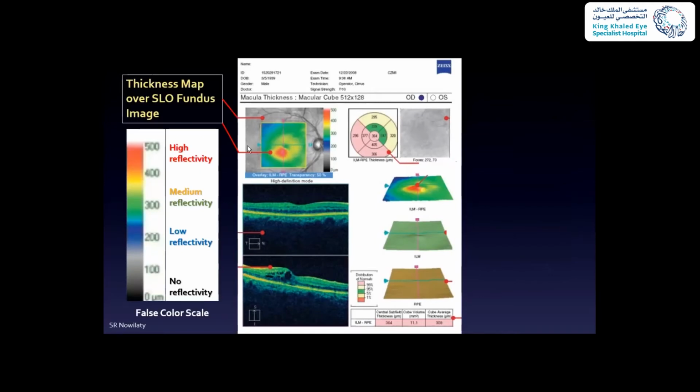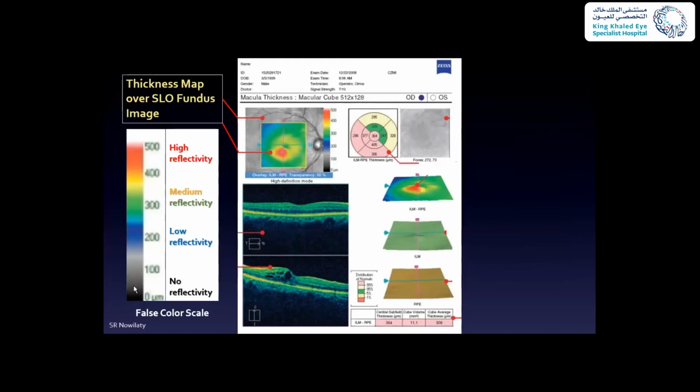Then it's also going to generate a map that is color-coded for easier recognition, with red or white being very highly reflective, very thick, yellow and green being medium reflectivity, and blue being dark and low reflectivity.